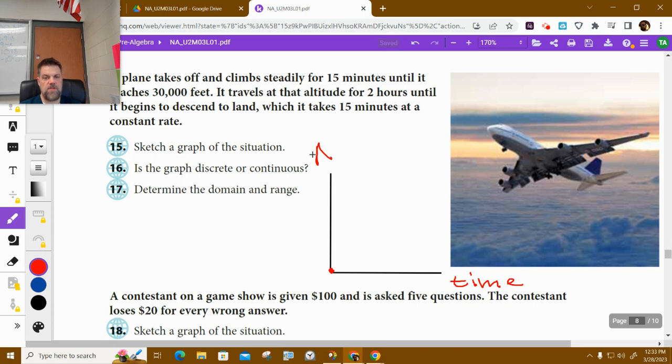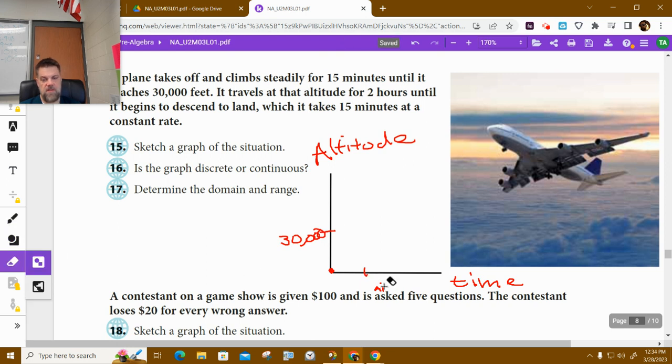This represents the altitude. So let's go through. It says it takes off. Where's it taking off from? The ground. And it climbs steadily for 15 minutes until it reaches 30,000 feet. So let's call this 30,000 feet. And let's call this 15 minutes. Actually, that's a little too far out. I'm going to run out of space.